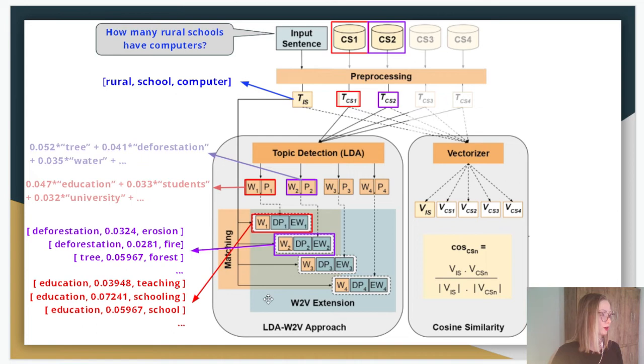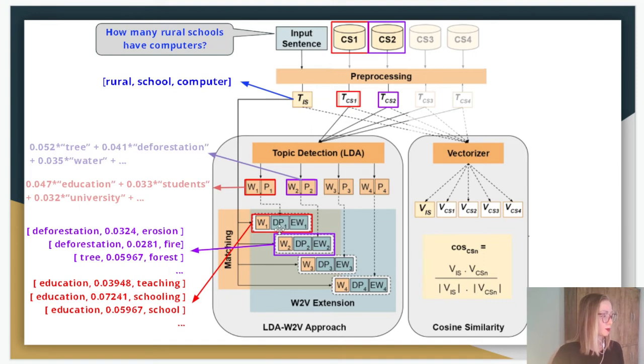Next, we perform the Word2Vec extension. This component gets all topic words from LDA and outputs words that are similar to them by using Word2Vec. For each original word W, we get an extended word EW, and the scores from these two words are multiplied to obtain a derived probability, represented by DP in this figure.